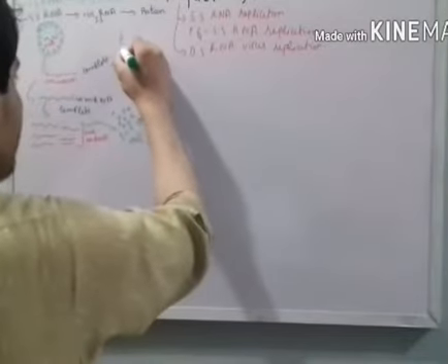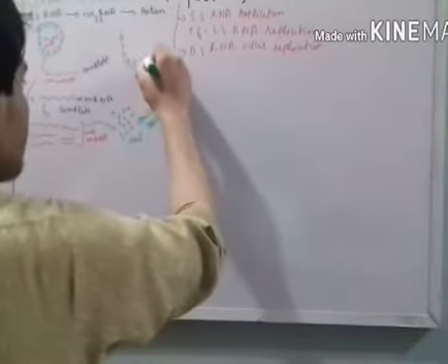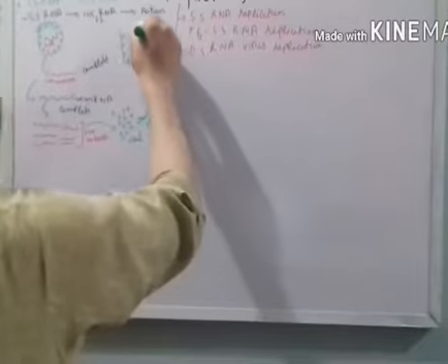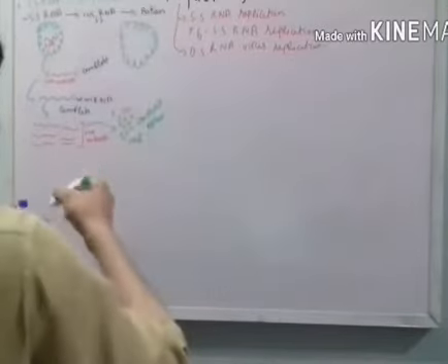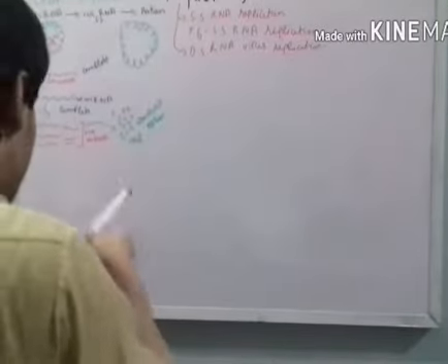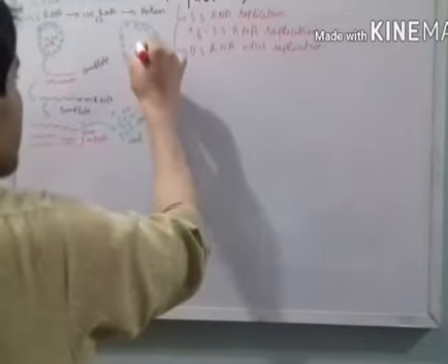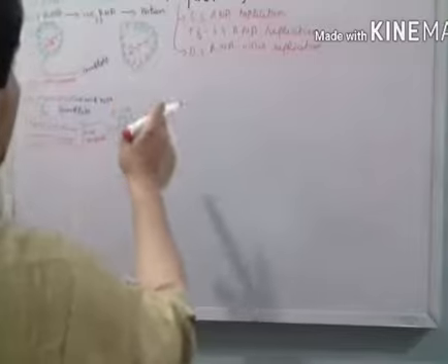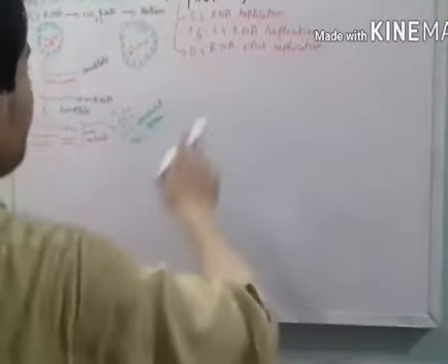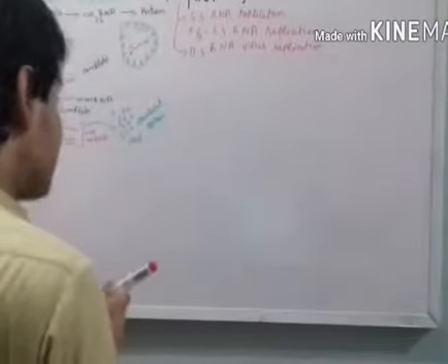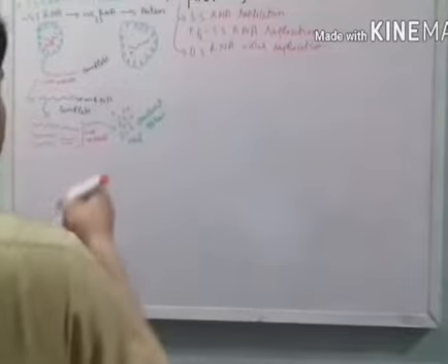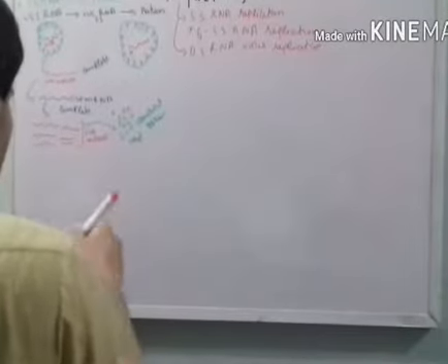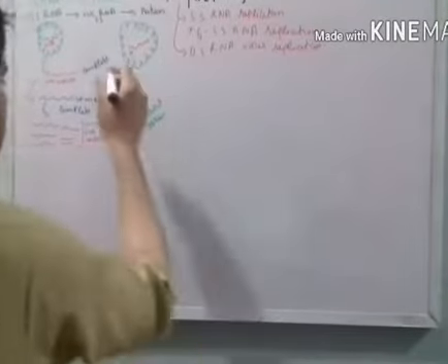This protein is used as a capsid around the positive mRNA. So now the structural protein surrounds the positive mRNA as a capsid, and finally we get a progeny virus.